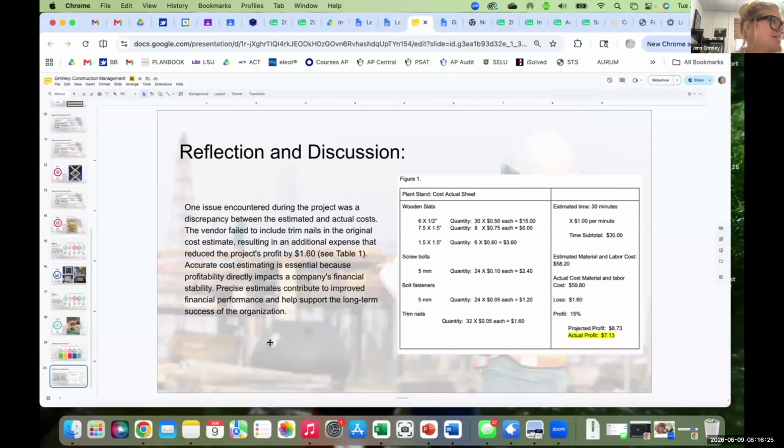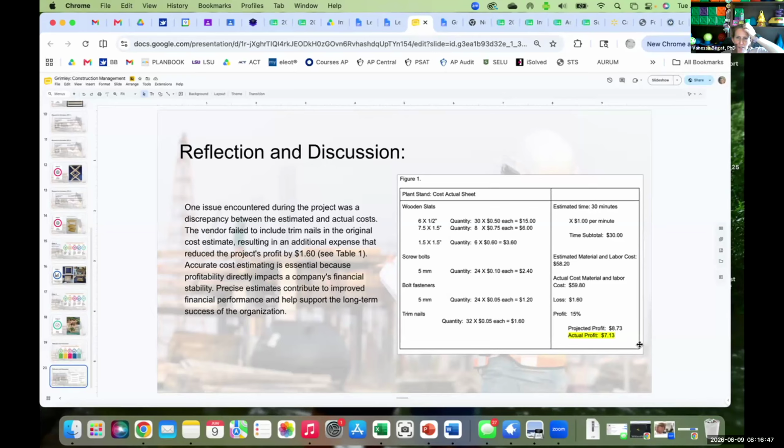One of the issues was that the trim nails were not included. You can see here that when the trim nails were included, about $1.60 was cut into the profit. So the actual profit was less than the intended profit. And that was that.